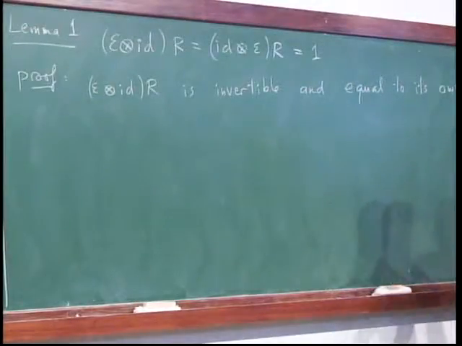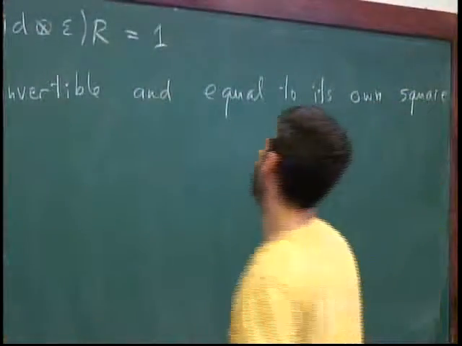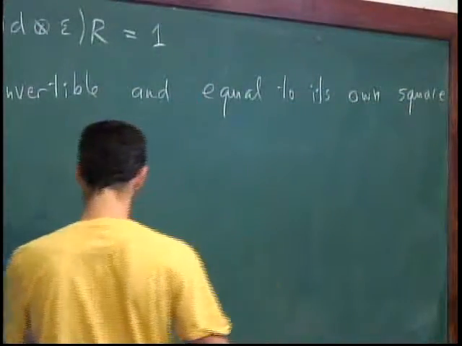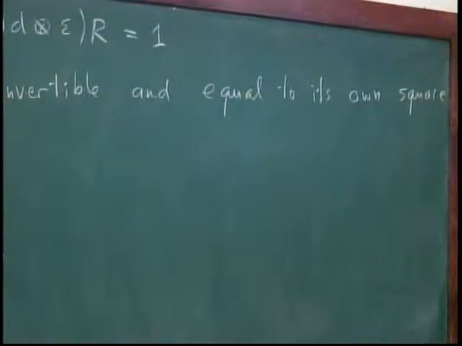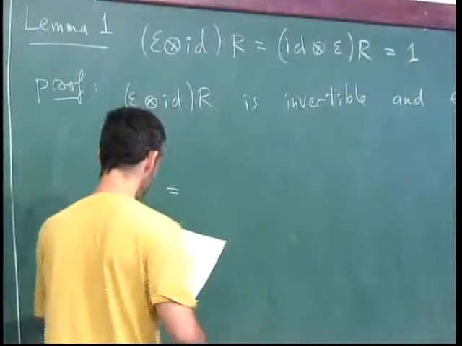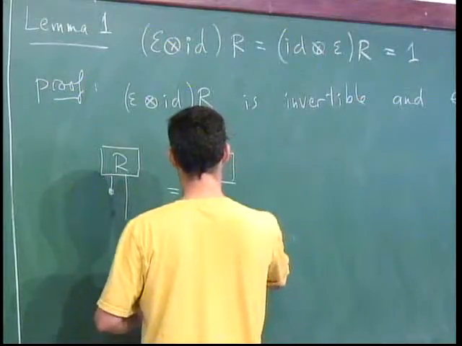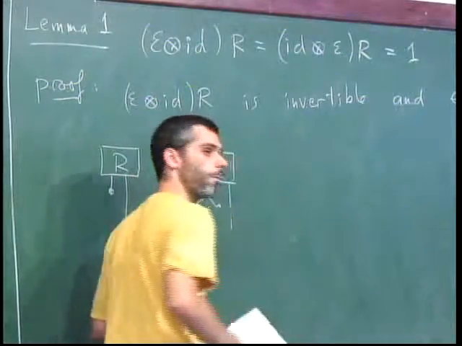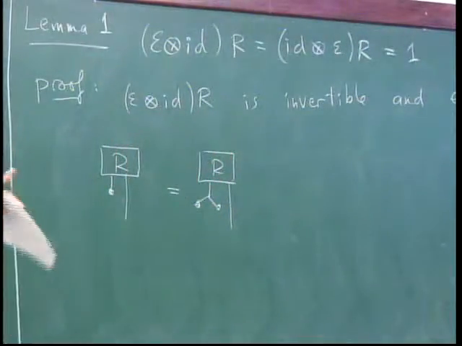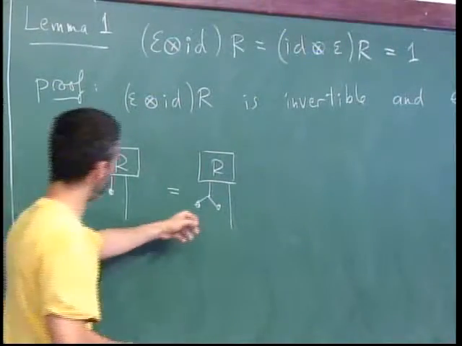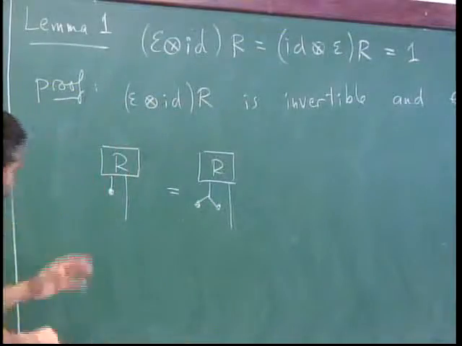I'll show that it's equal to its own square. And if an invertible element is equal to its square, then it has to be equal to 1. The proof goes as follows. This is R with an epsilon stuck there. That's the same thing as if I co-multiply my little epsilon into an, and then apply epsilon tensor epsilon.